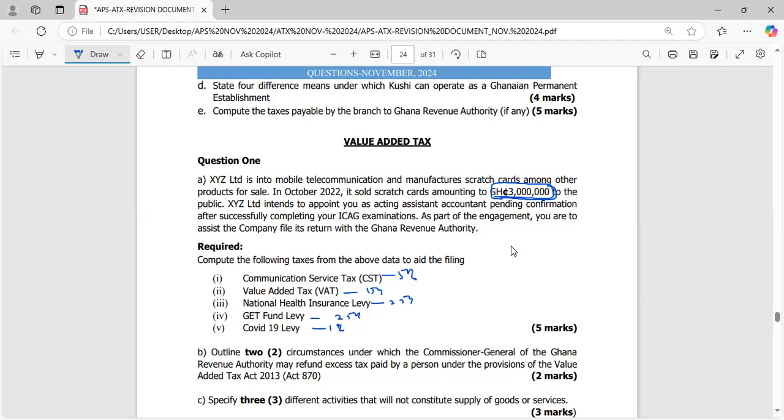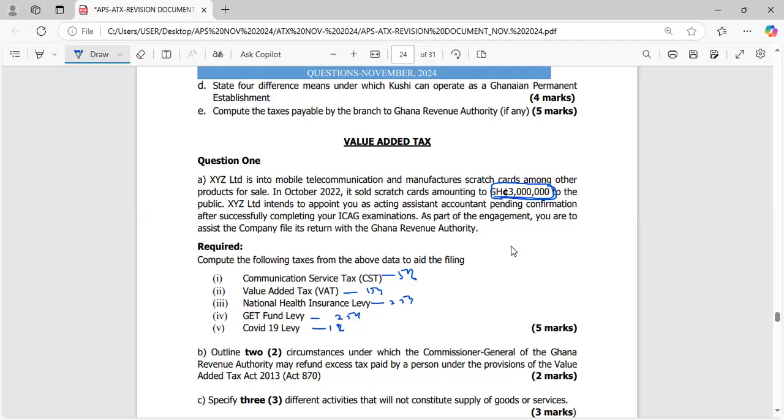Yeah, that's one approach. Per the explanation I gave earlier, if the amount is the VAT and the levies inclusive amount, it means everything is part of the 3 million. The VAT, the levies, the communication service tax, everything is in here.